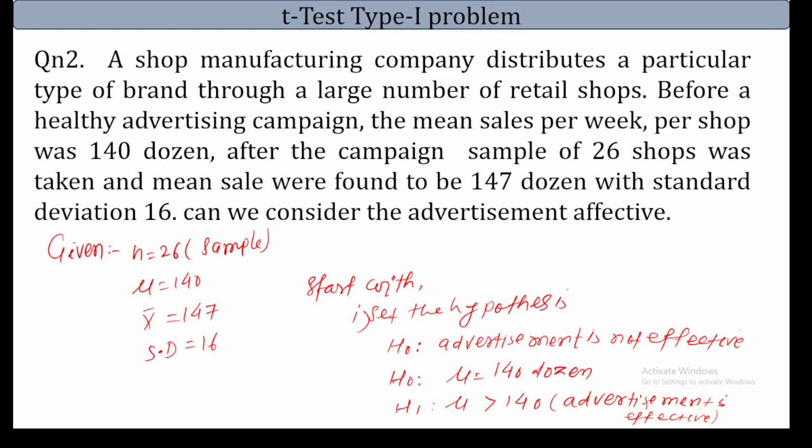They are asking us to check whether the advertisement is effective or not. Okay, so this is a one tail test, right tail.